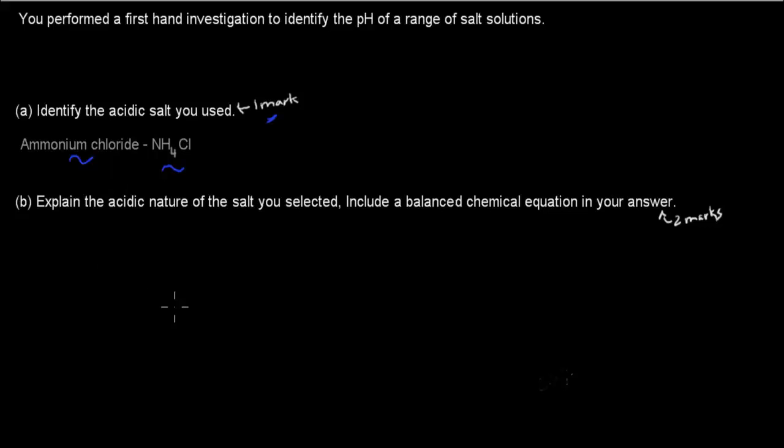For the next part, B, explain the acidic nature of the salt you selected, including a balanced chemical equation. This equation should show why the solution is acidic. You should talk about the two things that make up the acidic nature of the salt.